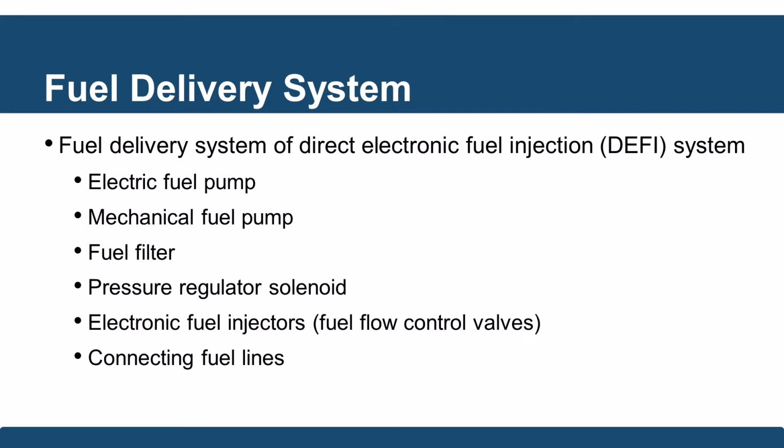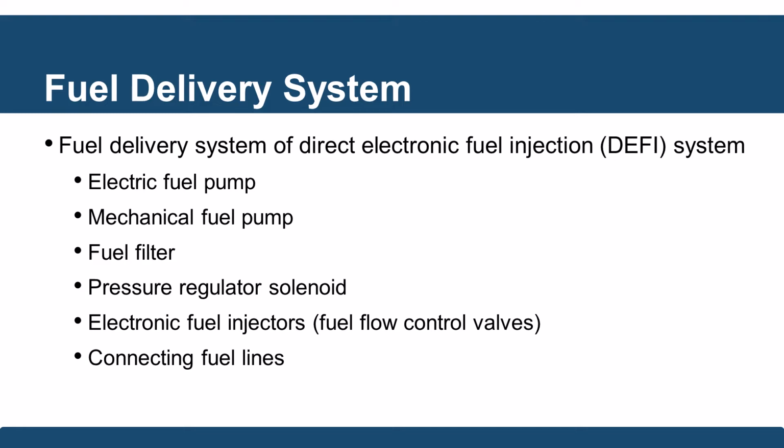So let's start out by learning about the fuel delivery system. How do we get the fuel up to the actual engine? A fuel delivery system of a direct fuel injection system, sometimes referred to as DEFI, will use an electronic fuel pump or a mechanical fuel pump, and electronic fuel pumps are by far more popular today.